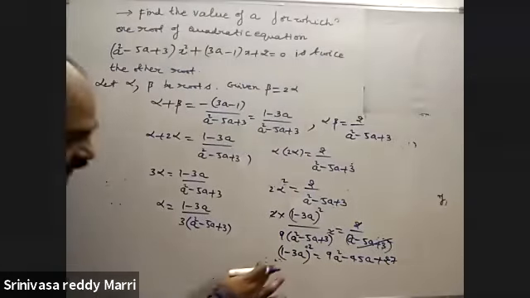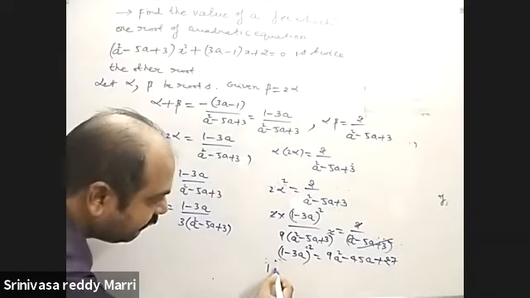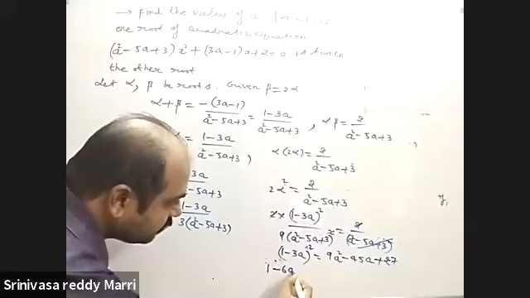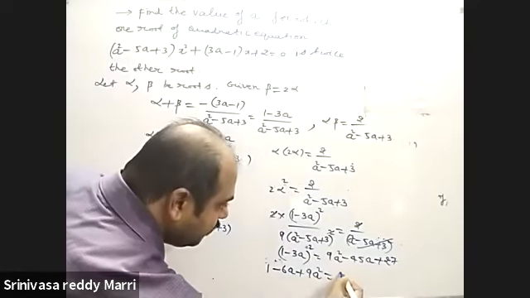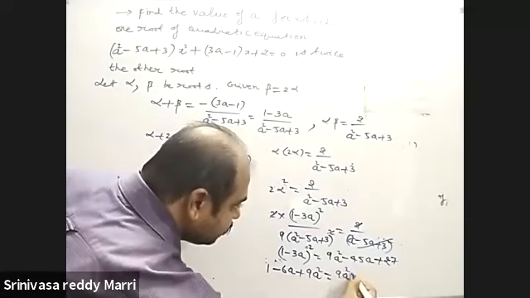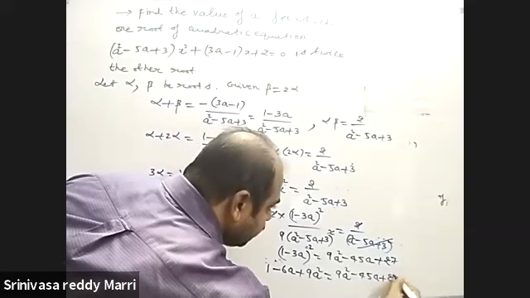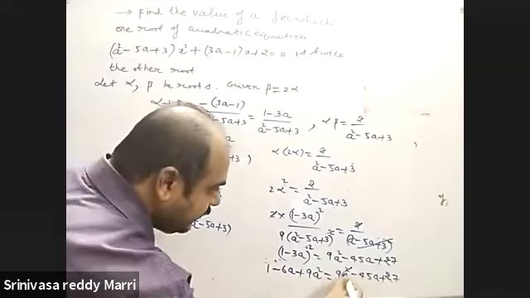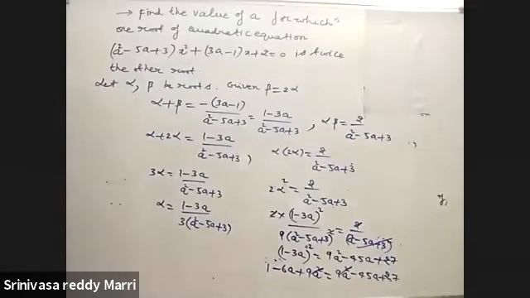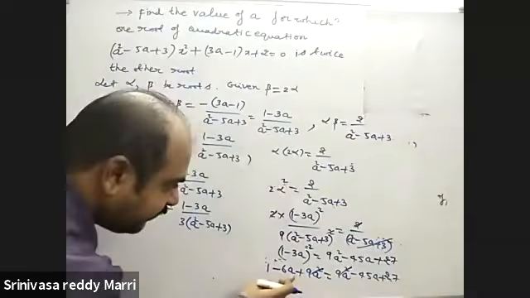Now you can write (a minus b) whole square, so a square minus 2ab: 1 minus 6a plus 9a square equals 9a square minus 45a plus 27. Our target is to find a. So 9a square will get cancelled. This 45a, bring this side.